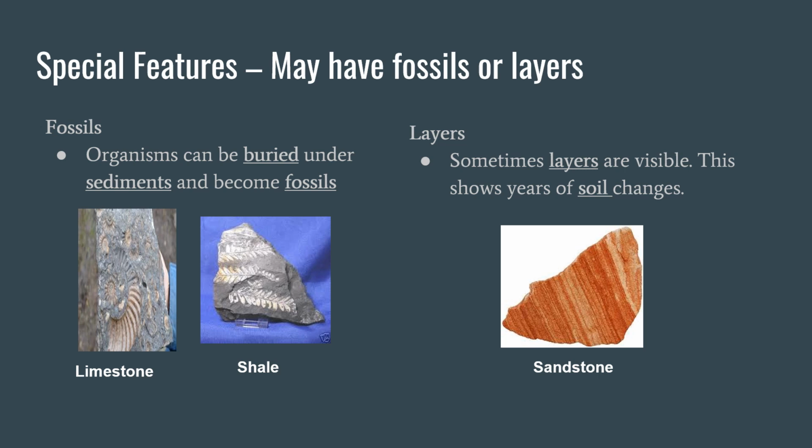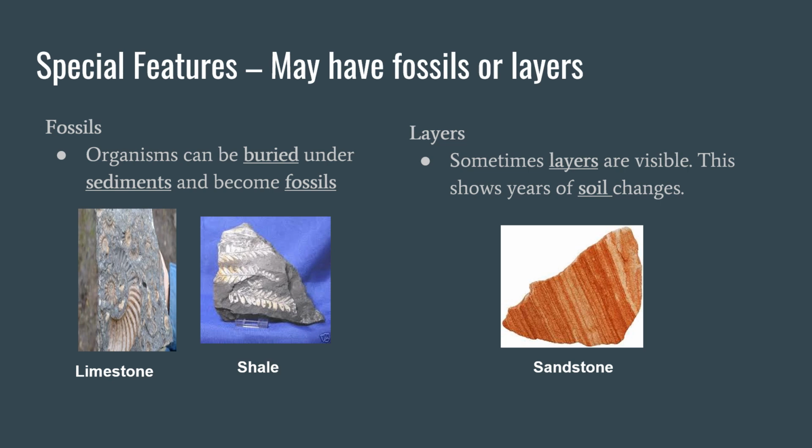Fossils are when an organism that was once living is buried under lots of sediments, and over time those sediments get compacted together, and it leaves an indentation or an imprint of whatever that organism was. Here's a great example of limestone and shale that both have become fossilized. One is a fossilized shell, while the other is a fossilized plant. It looks a little bit like a fern.